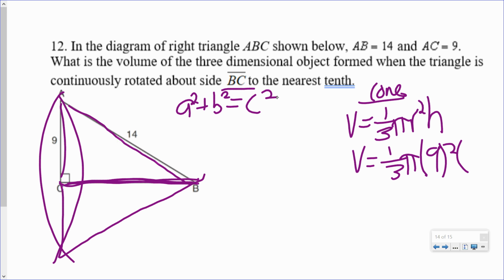So I'll give you about a minute or so to try and do Pythagorean theorem on your own. Again, we're looking to find the height. The legs are 9 and x.